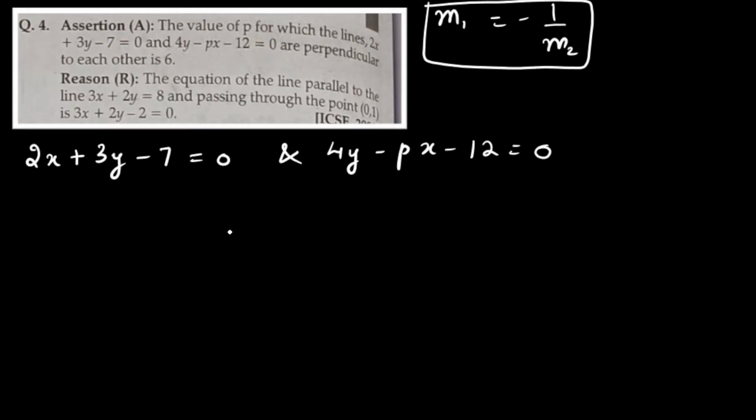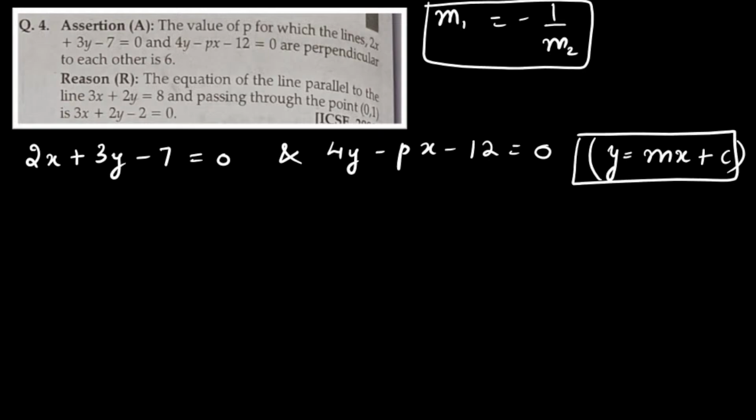So how to find the slope from the given line? By converting the equation into slope intercept form, which is y is equals to mx plus c. Then we can find slope.